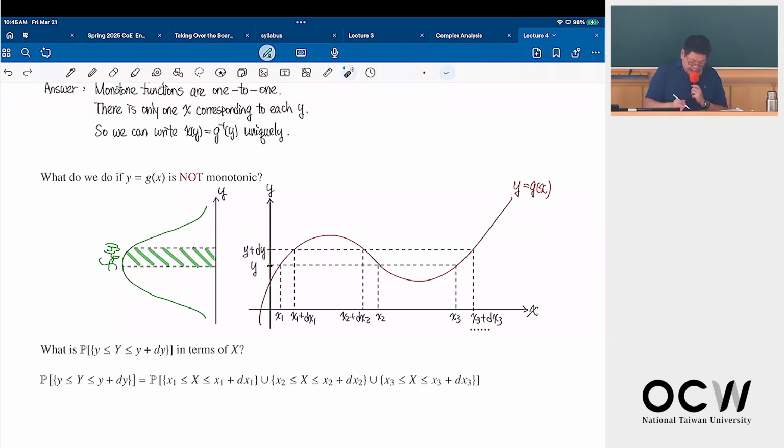And then in terms of x. Okay, so this corresponds to this part, if this is the PDF of y, then this area, what is this area?